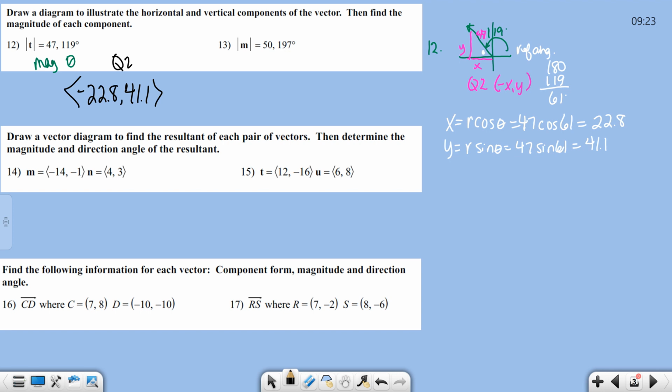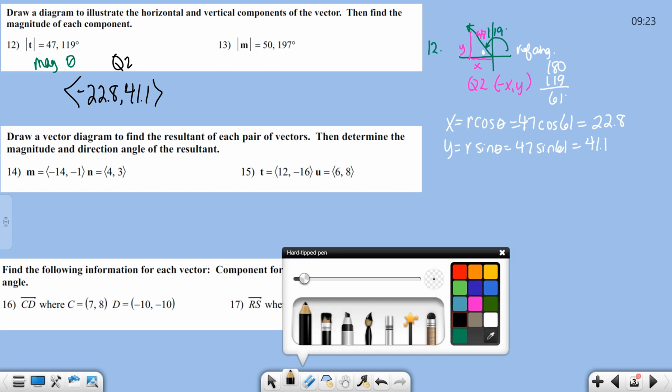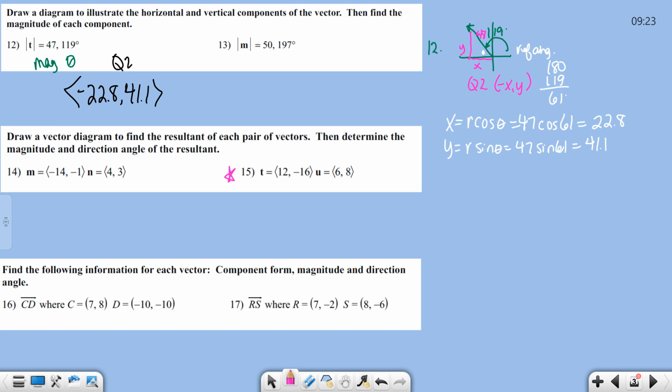All right, 14 and 15. Draw a diagram to find the resultant of the pair of vectors, determine magnitude and direction. I'm going to hit 15 because that's where I am in this one. So finding the resultant just means to add the two vectors together. So vector t plus vector u, 12 plus 6 is going to give me 18, and negative 16 plus 8 is going to give me negative 8.